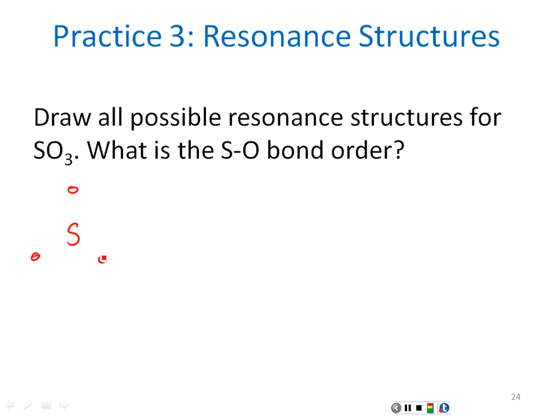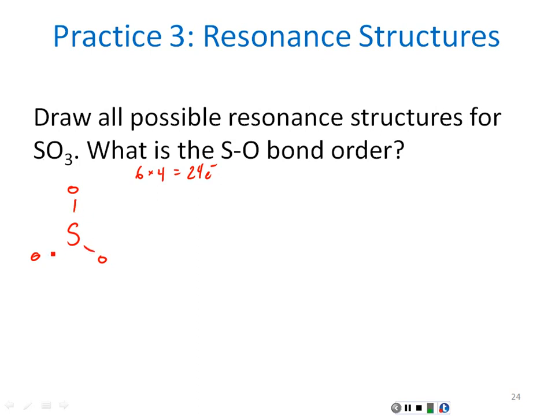Now we place the oxygens around the outside of sulfur. How many valence electrons do we have? Well, they each have 6 valence electrons, and there are 4 atoms, so that will give us 24 valence electrons to work with.